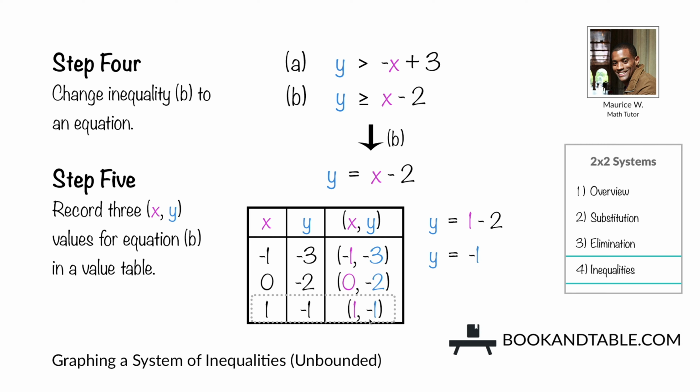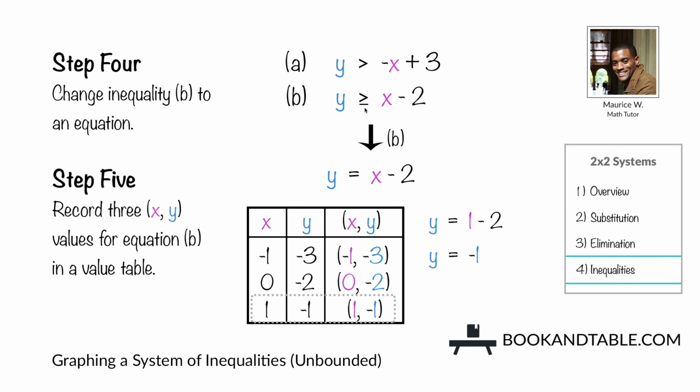So 1, -1 is a third point on this line. And now for each inequality, we have 3 points along the line for the inequality. And we have the inequality signs that will let us know whether it's the points above or below those lines that are solutions to the inequality.